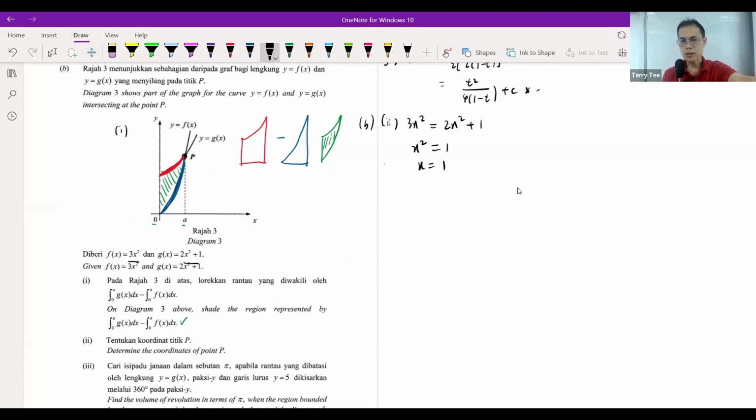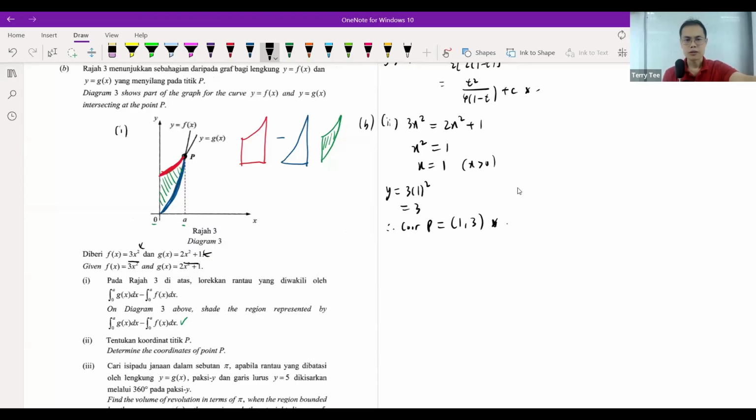Now, do you have to put plus minus? No need, because x is more than 0. It's on the right-hand side. So the coordinate is 1. Then you need to find your y value. You sub into either fx or gx. I think I put inside fx, 3 times 1 square. I get 3. Therefore, the coordinate of point P is (1, 3).